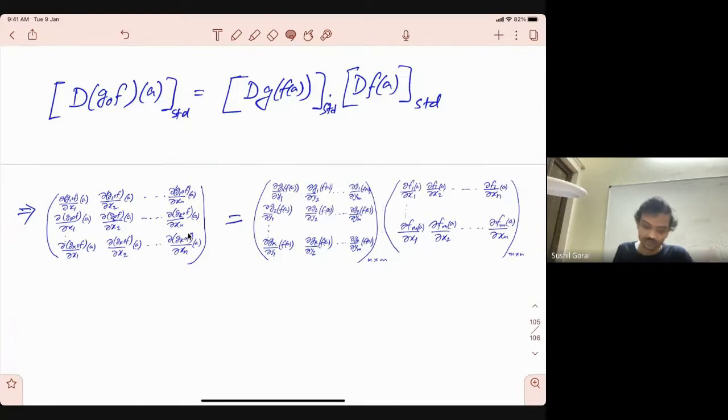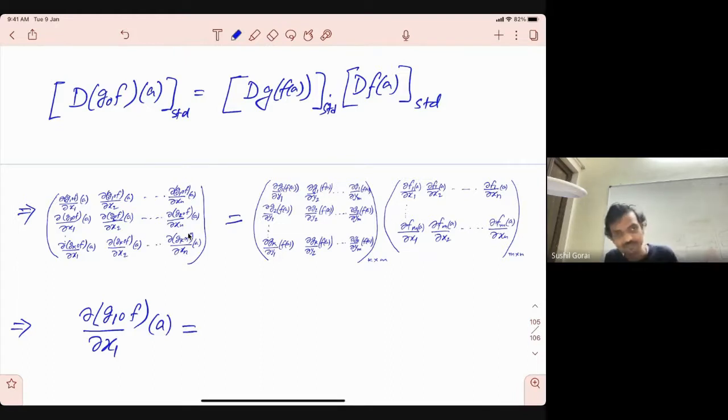So now if we try to get entry-wise equality, what do we get? Let's look at the first entry, del G1 compose F by del x1 at A. So what is it? Yeah, tell me what is it?